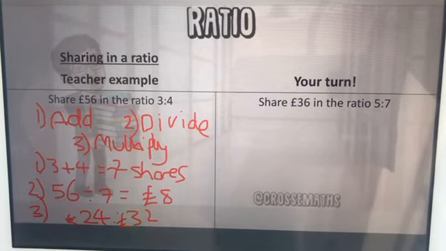Give you 30 more seconds. Make sure you got the example down as well. The example is really, really important.